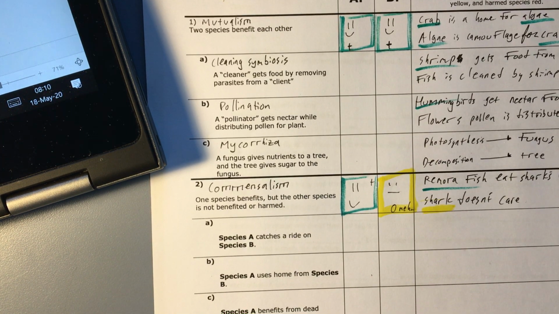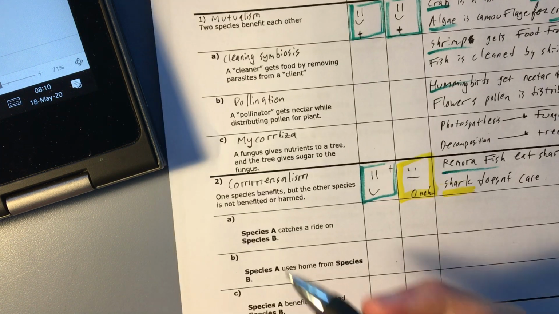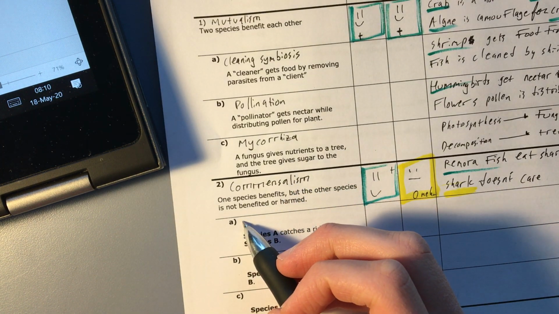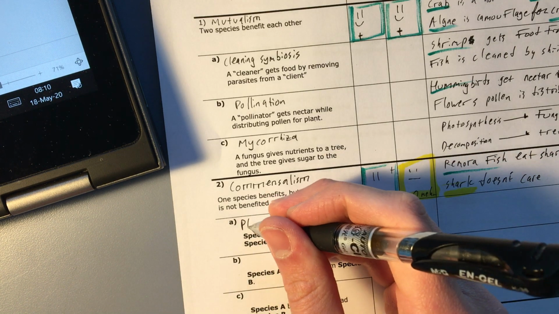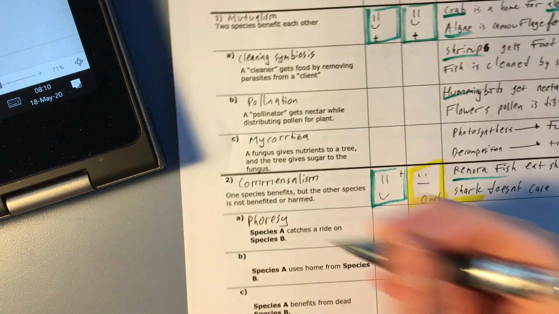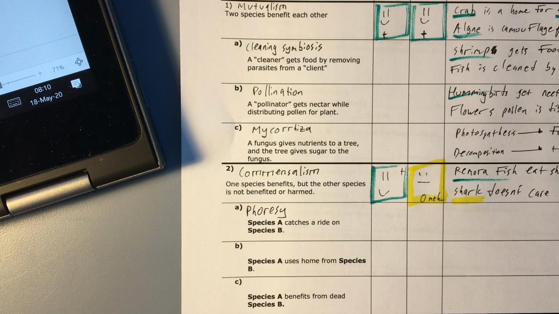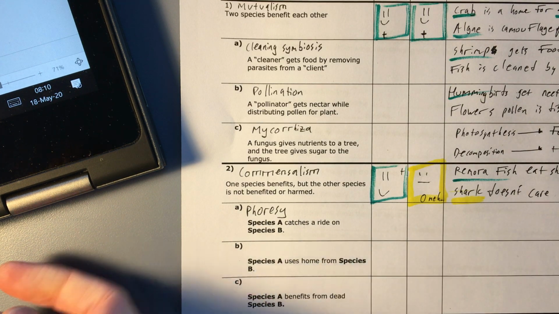Now there are several subtypes of commensalism as well. One type of commensalism is phoresy. Phoresy is when one species catches a ride on another species. There are different forms of this.